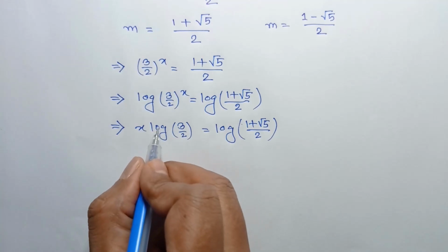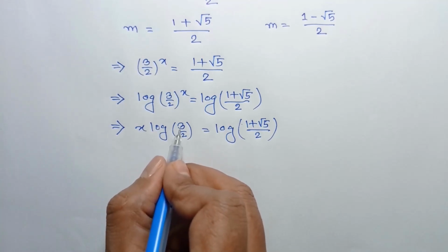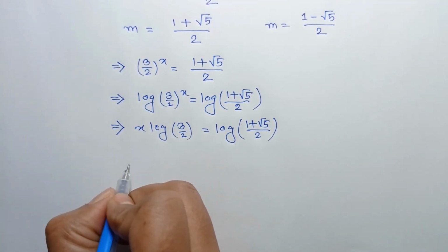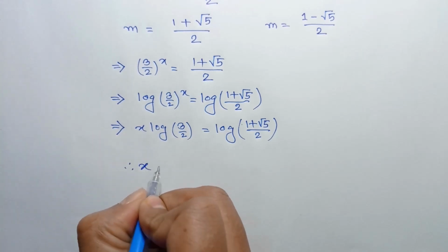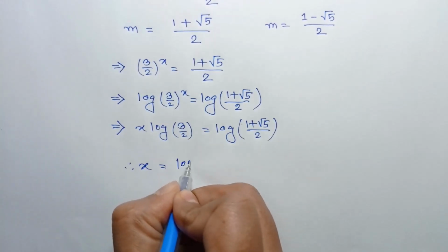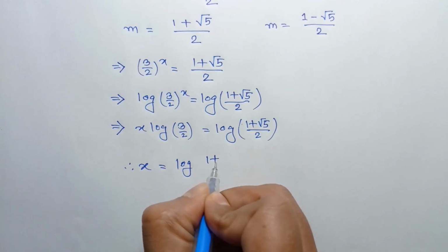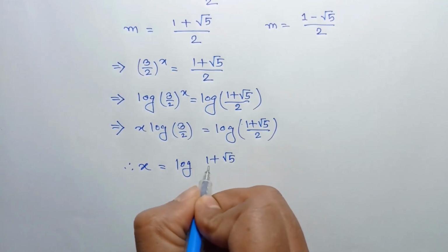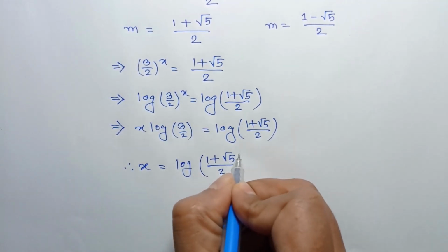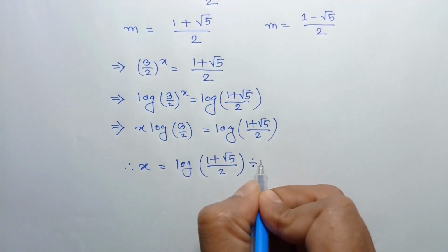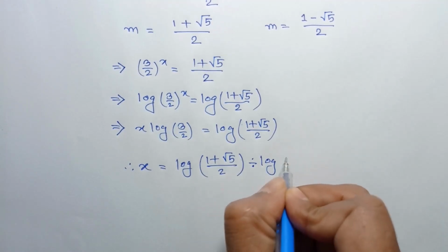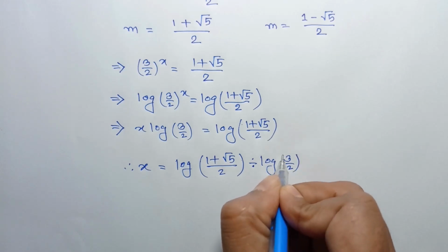Now if we divide both sides by log 3 over 2, we will have the value of x is equal to log of (1 plus square root of 5) over 2, divided by log 3 over 2.